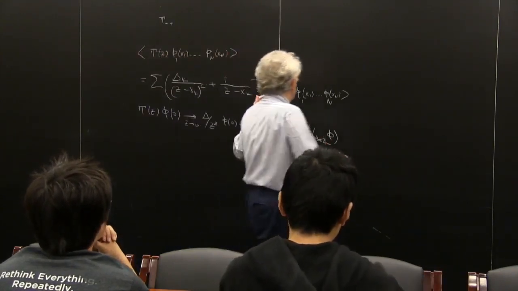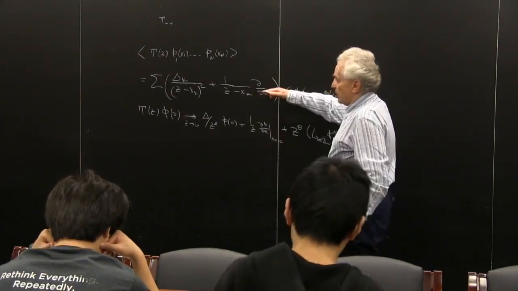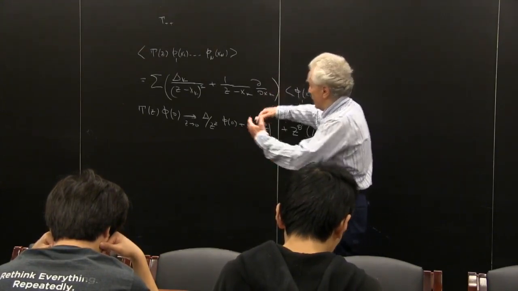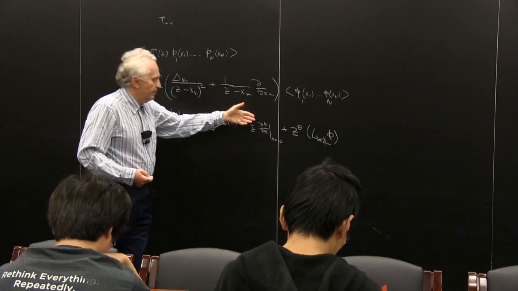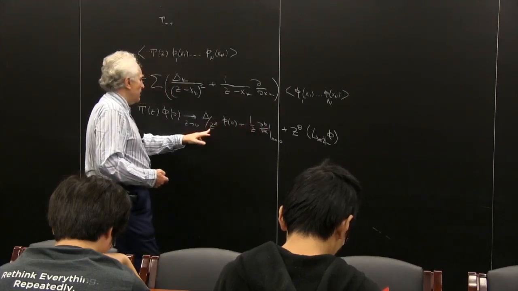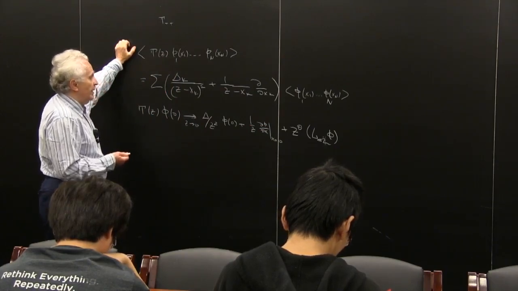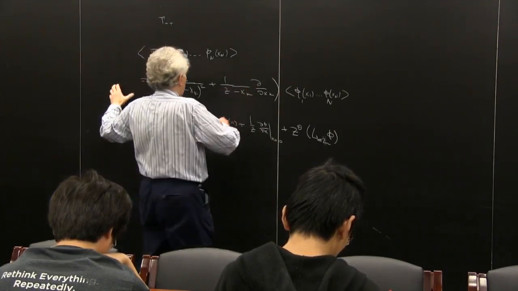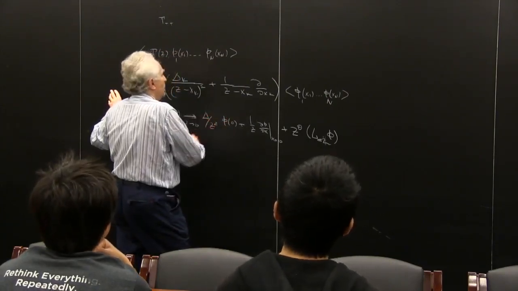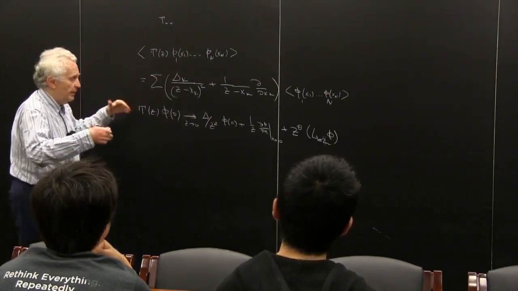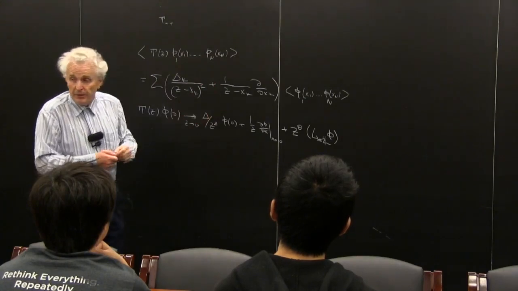And in principle, what's important is that there are these regular terms here, and their presence indicates that if we have some primary fields with dimension delta, there will be an infinite number of secondaries with dimension delta plus some integer.